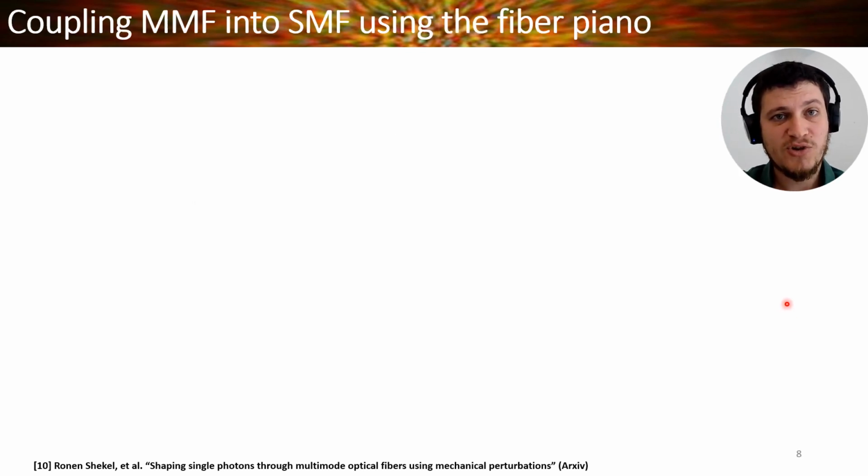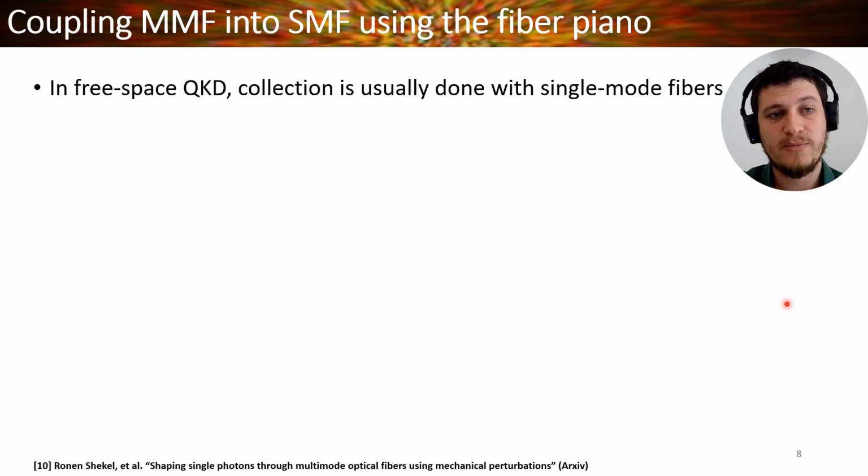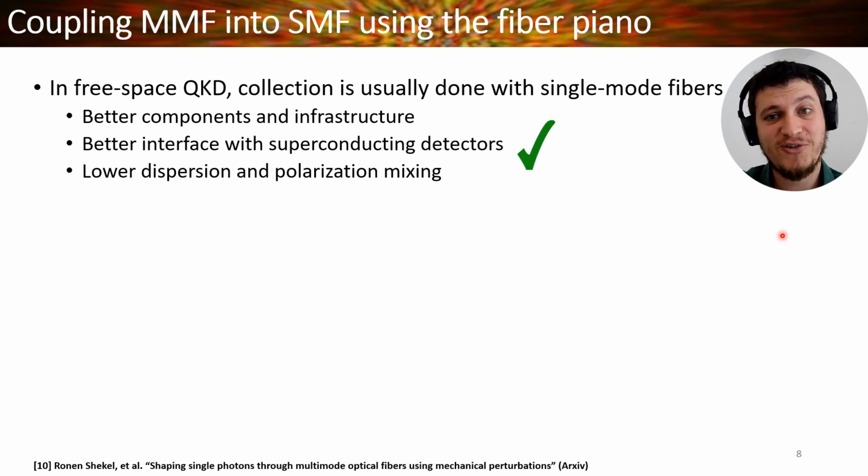The last result I want to show you has to do with coupling light from a multimode fiber into a single mode fiber. So going back to free space QKD, the collection of the light is usually done using single mode fibers. Single mode fibers are really great because they have very good components and infrastructure, they have a good interface with the detectors, and they have low dispersion and low polarization mixing.